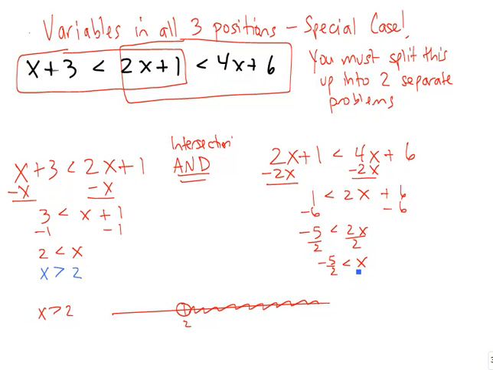The x is on the wrong side. So if I flip this around, that less than changes back into a greater than. So if we graph that below this other one, we want all the x's greater than negative 5 halves. Negative 5 halves would be a little bit to the left here, open circle, and greater than means shading to the right.